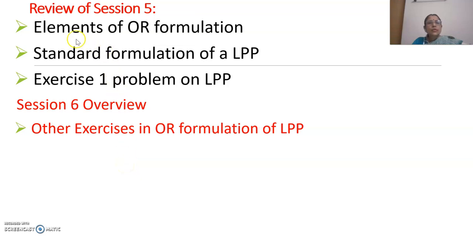With that we have seen the standard format for formulation of a linear programming problem, and we had also solved one problem on it. Hope you remember that cement industry problem which we had solved. Now in today's session we will see some more examples related to formulation problems.